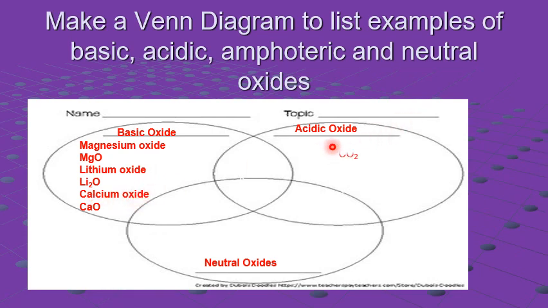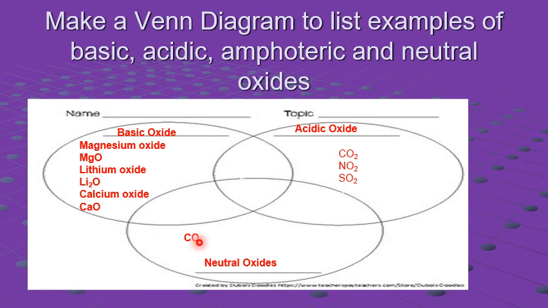Next, we have some acidic oxides. Carbon dioxide, so you have a non-metal, carbon, and oxygen. Then you have a non-metal, nitrogen and oxygen, nitrogen dioxide. Then you have sulfur dioxide, a non-metal and oxygen. Next, you have neutral oxides, and we know that neutral oxides will react as neither an acid nor a base.